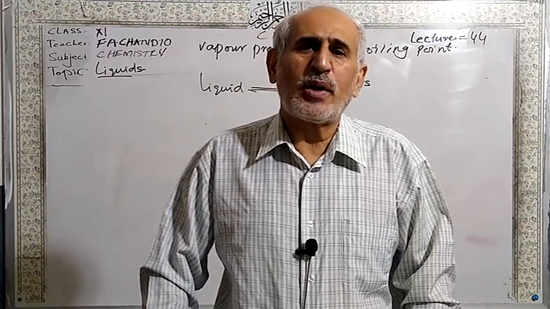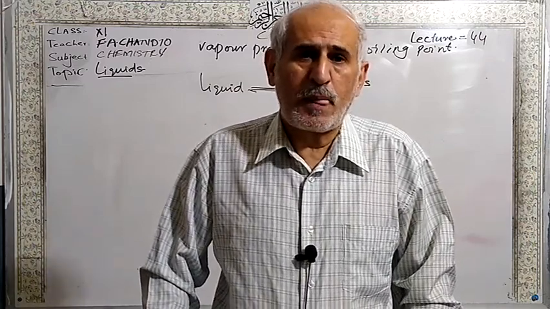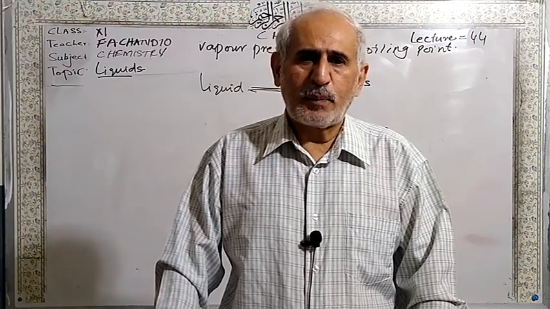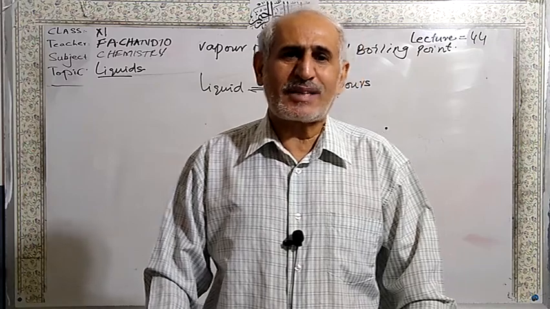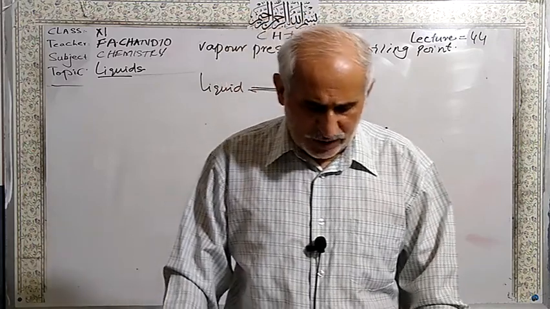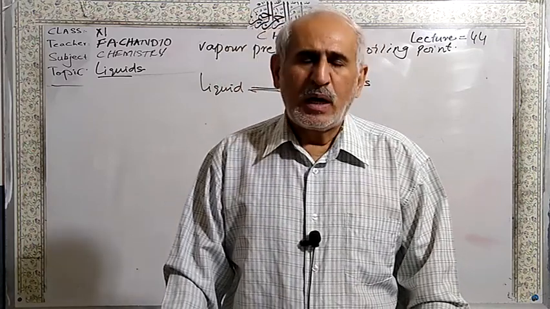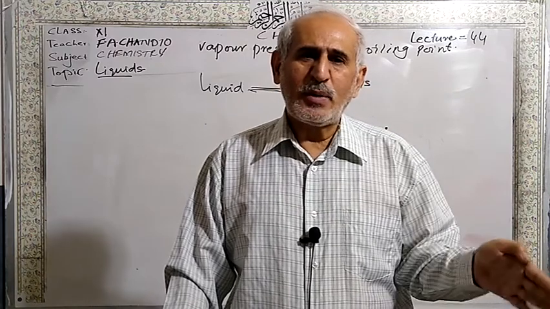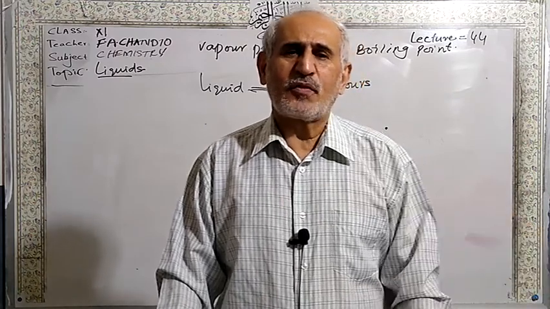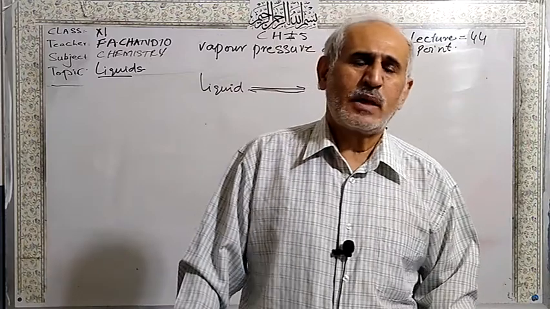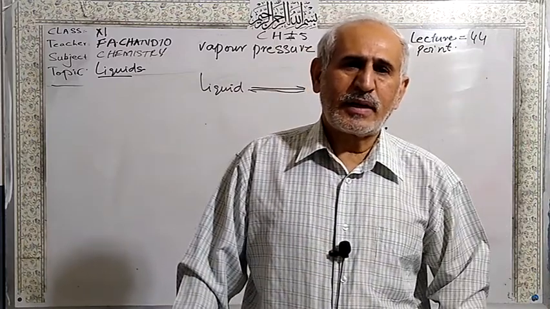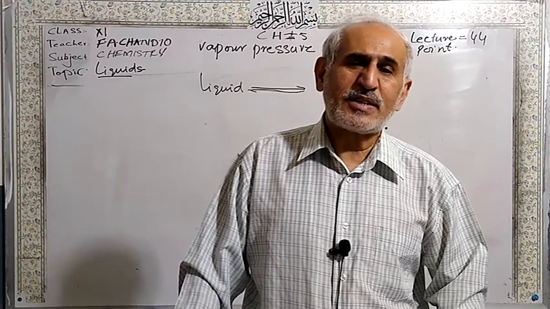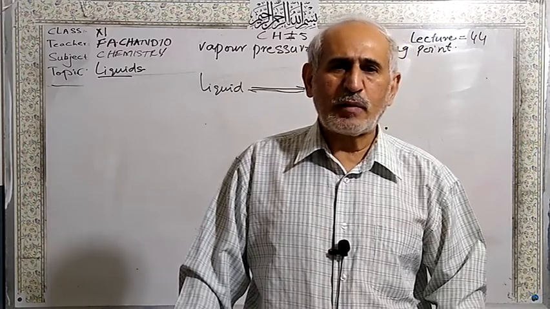When the vapor pressure of a liquid becomes equal to atmospheric pressure, it is called the boiling point of the liquid. This boiling point changes from place to place. We are standing at sea level where atmospheric pressure is 760 torr or 1 atmosphere.